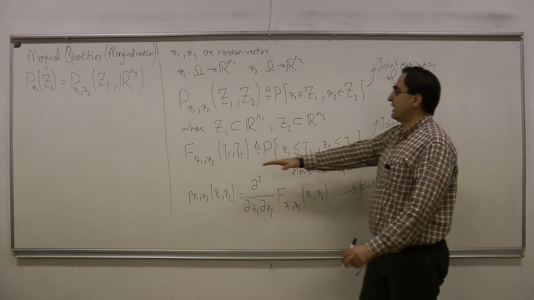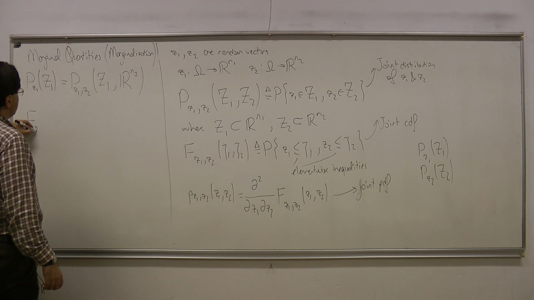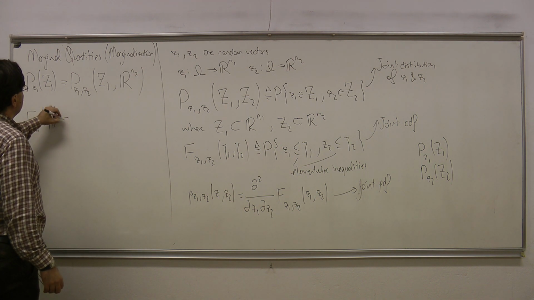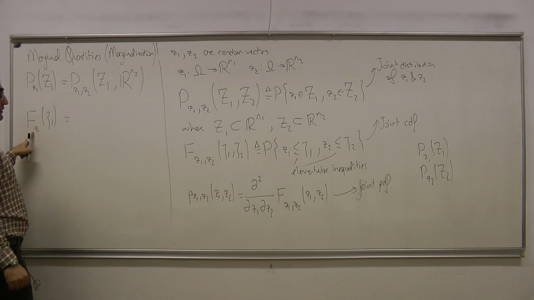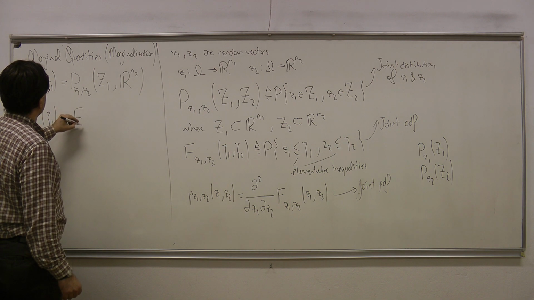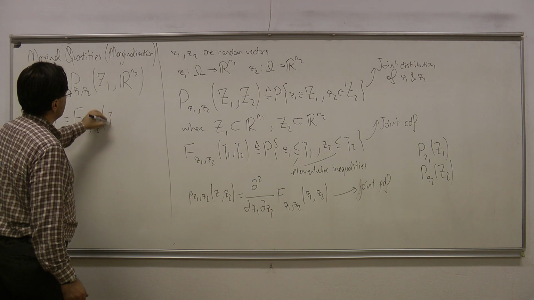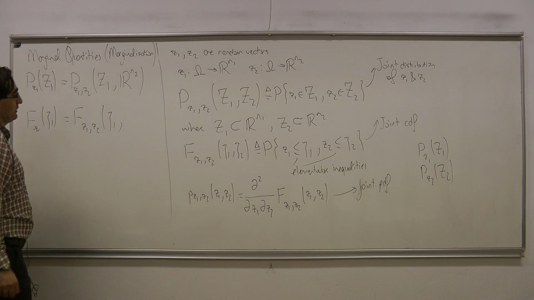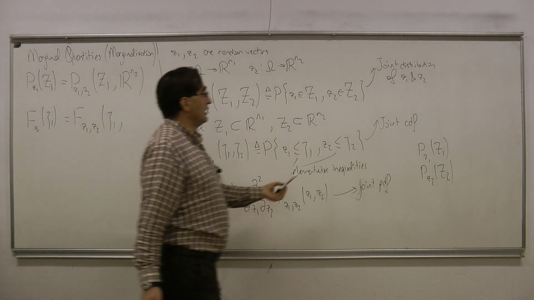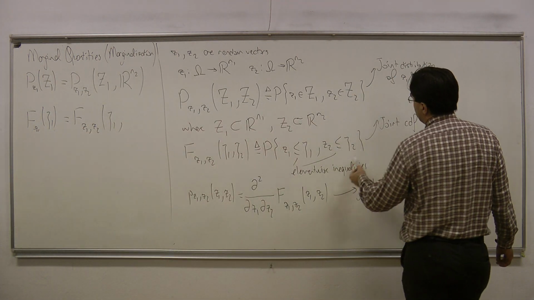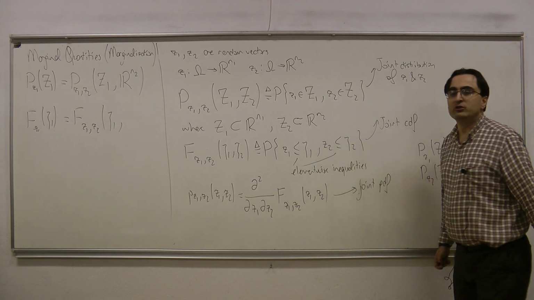So let us do that for the CDF. I have F of Z1 at psi 1, the marginal CDF of the random vector Z1, which can be written in terms of the joint CDF of Z1 and Z2. I put psi 1 here, I keep psi 1 here, but instead of psi 2, I am going to write a vector which would make this second event a sure event.